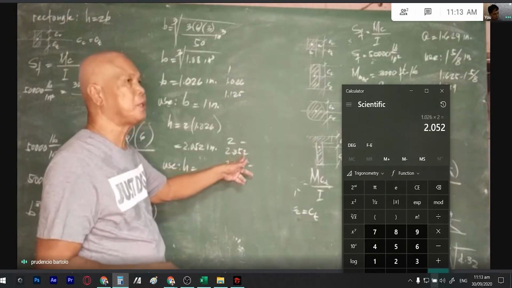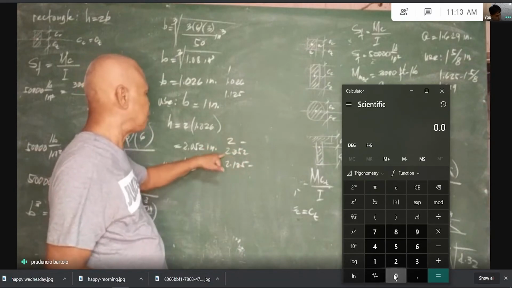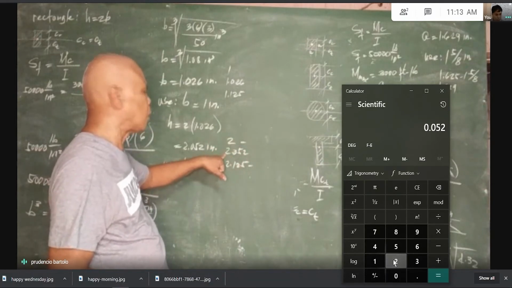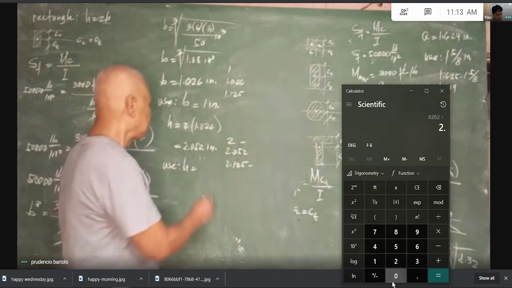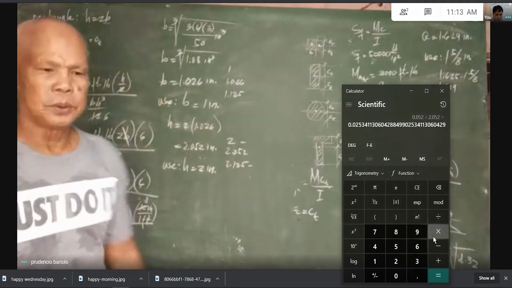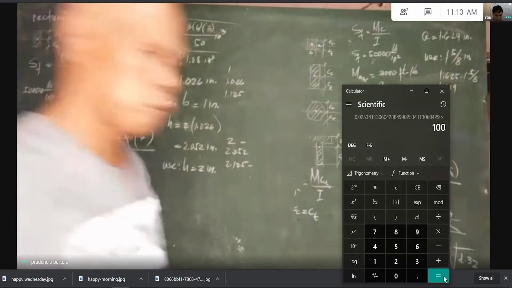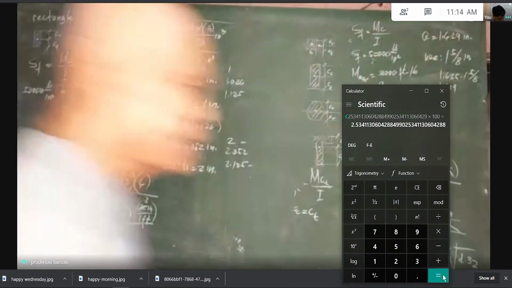That is 5.2. 5.2 divided by 2.052, that is less than 4%. So we use the lower value. That is for the rectangle.